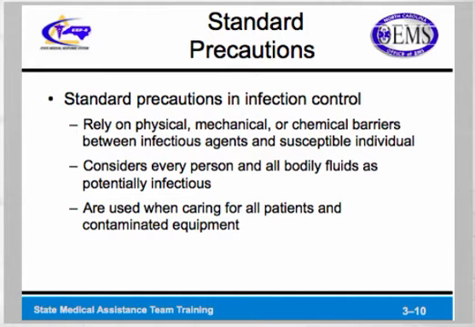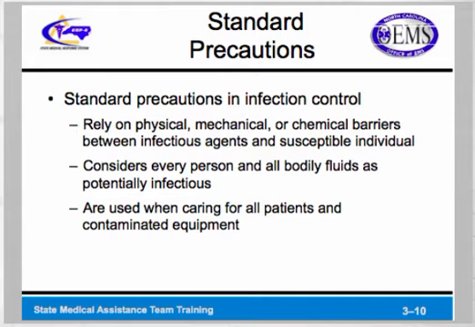Standard precautions assume that every person is potentially infectious and or susceptible to infection. State medical assistance team members should use these precautions when dealing with any patient and wash their hands frequently to reduce the spread of a disease among healthcare workers.